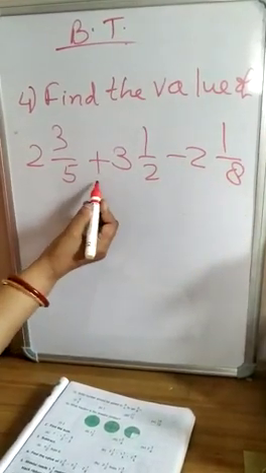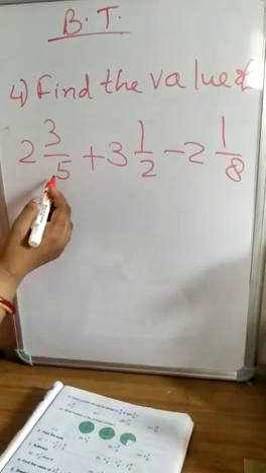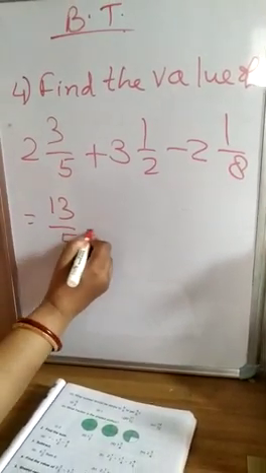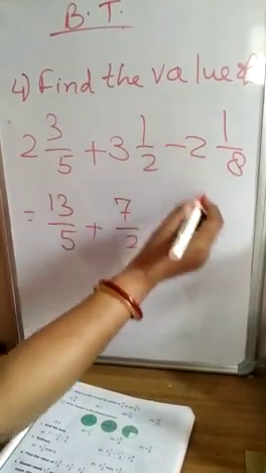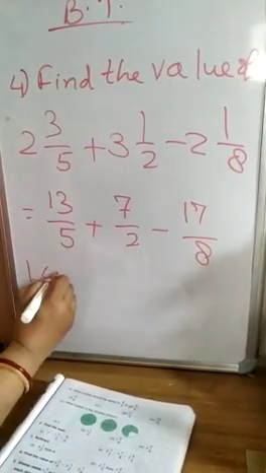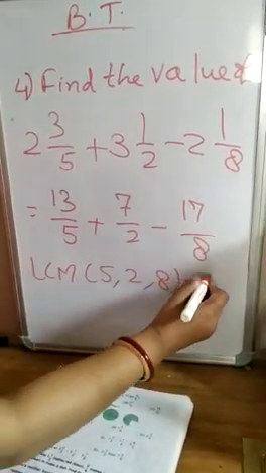Here addition sign and minus sign are there. So firstly we convert these mixed numbers into fractions. 5 times 2 is 10 plus 3, 13 by 5, plus 3 times 2 is 6 plus 1, 7 by 2, minus 8 times 2 is 16 plus 1, 17 by 8. Now find the LCM. LCM of 5, 2 and 8 is equal to 40.